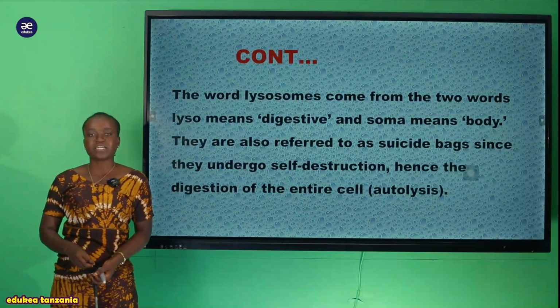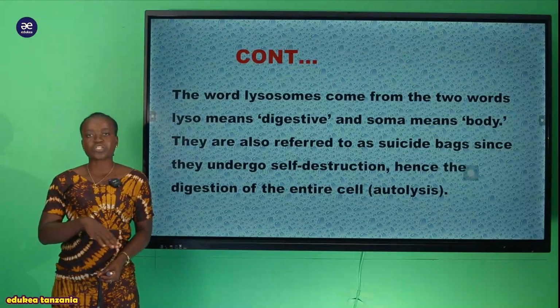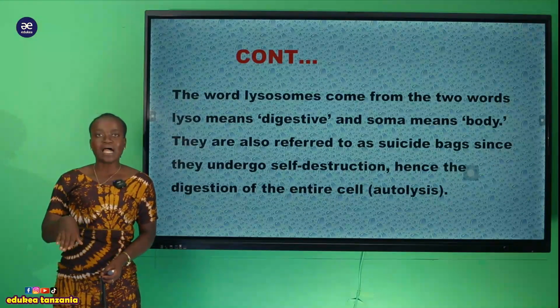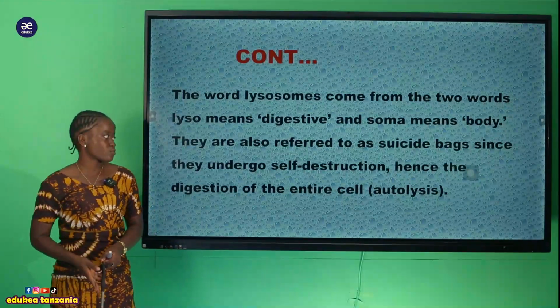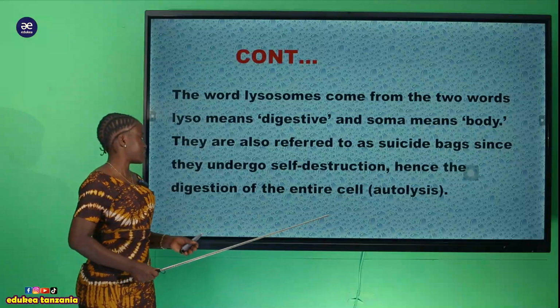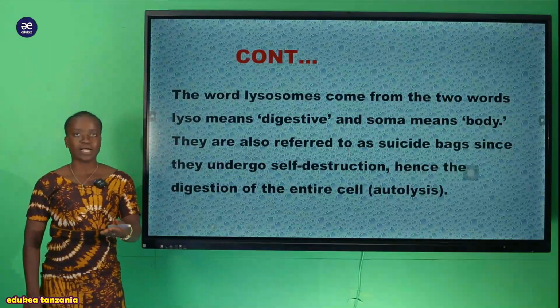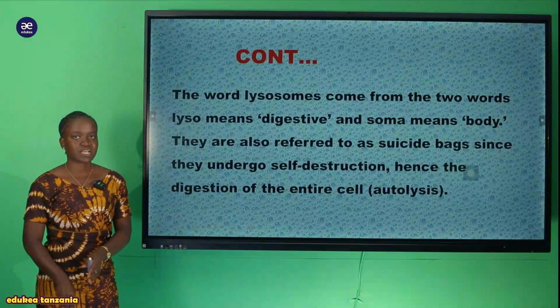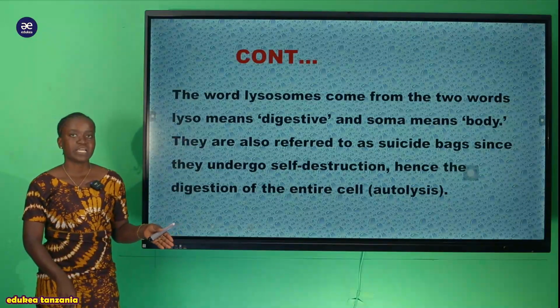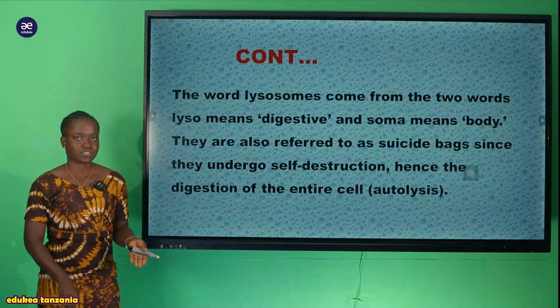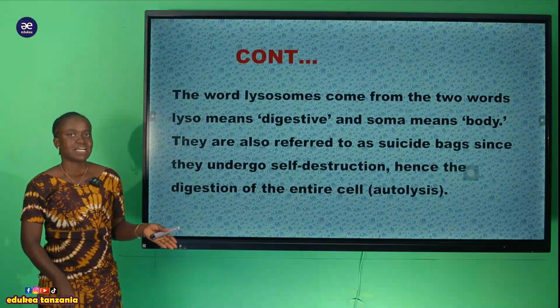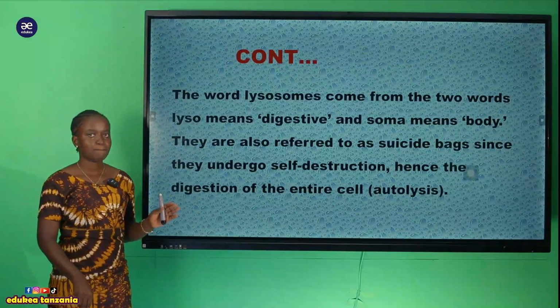Those enzymes destroy the cellular components, and thus bring about the digestion of the entire cell. That process we are going to clarify more when we discuss the function of the lysosome in autolysis.